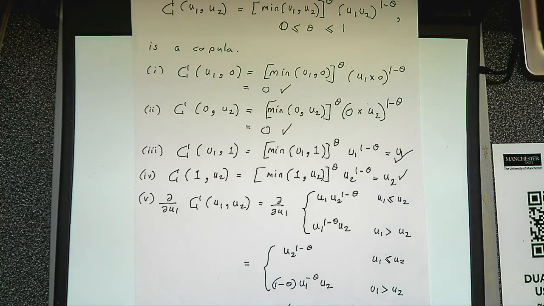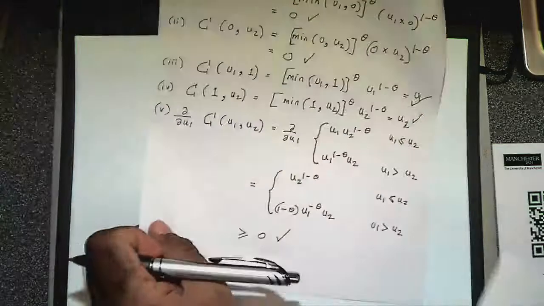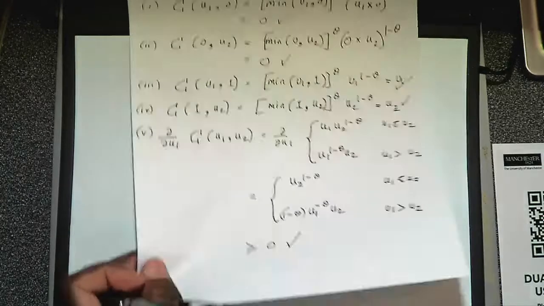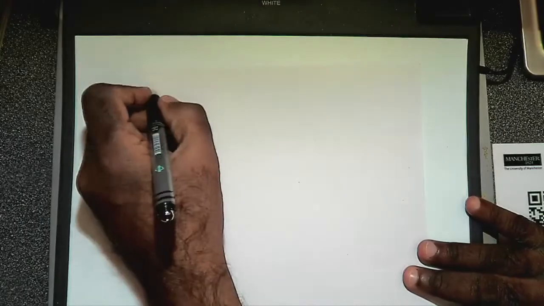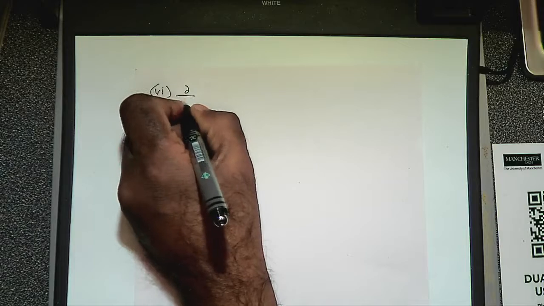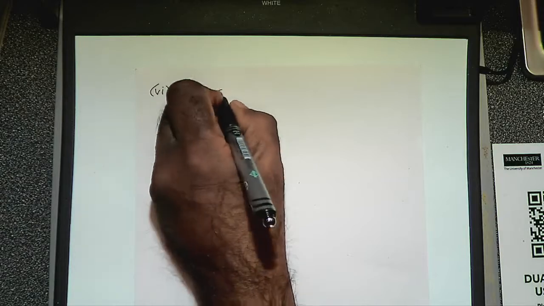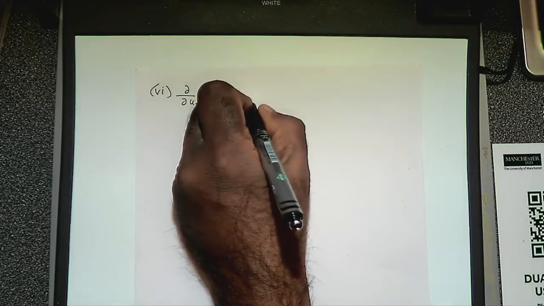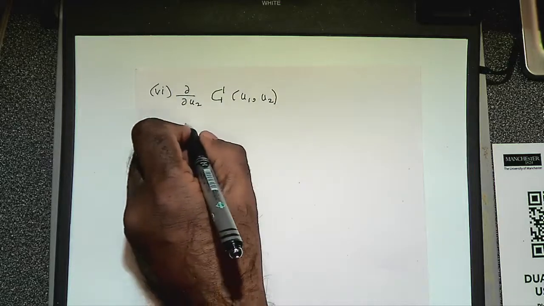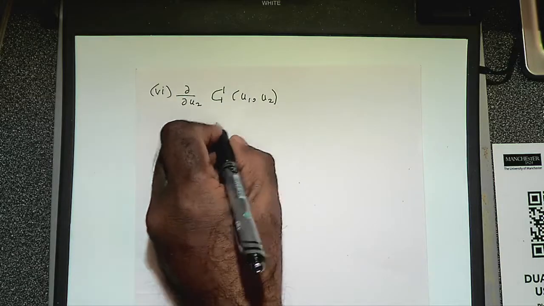And similarly, for condition 6, you're going to do the partial derivative for the 2 cases.